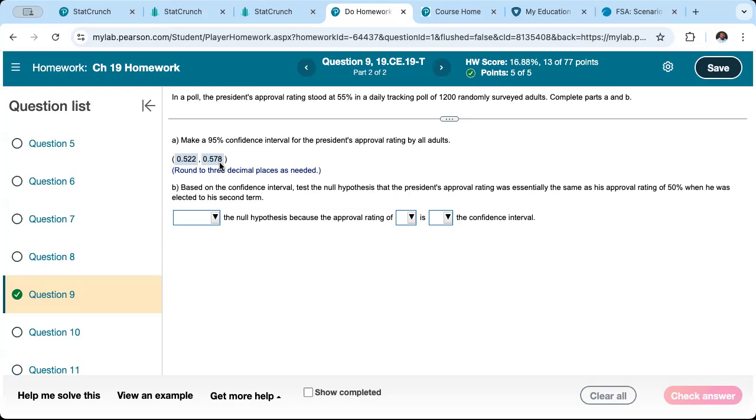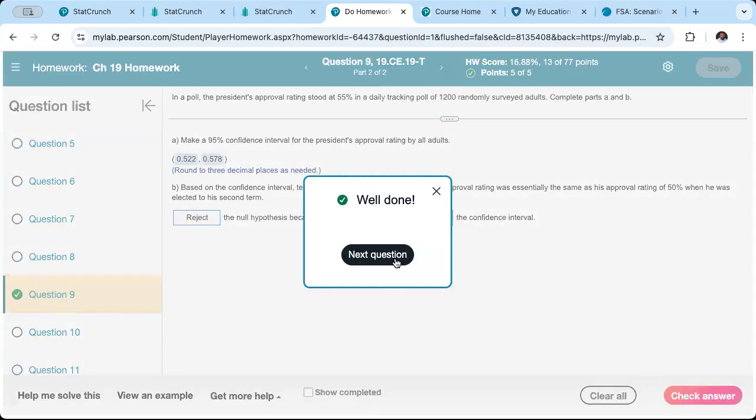No. Is that okay? Because the lowest here is what? 0.522. So since this is not within this interval, what do we do? We reject. Is that okay? Good. Because the approval rating of 50% is not in the confidence interval. Does that make sense? And then we click on this one here.